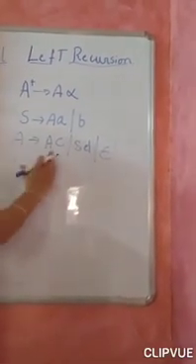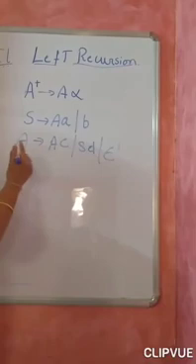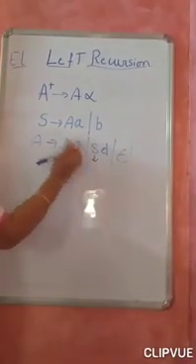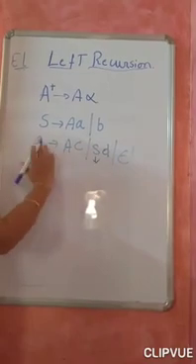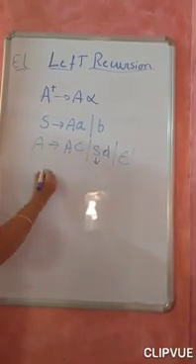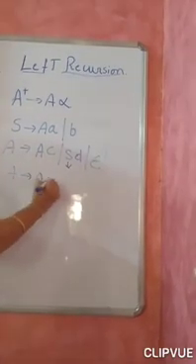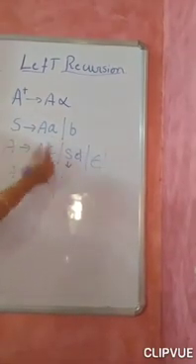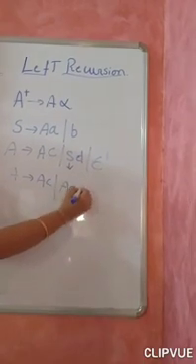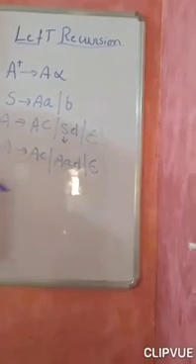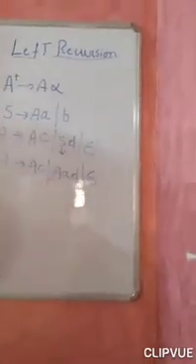Here there is one immediate left recursion. If I substitute for this S, that is A a, we will get one more left recursion. That is, I write A determines A c, and instead of S I write A a d. So here there is one more left recursion, so two left recursions are there.